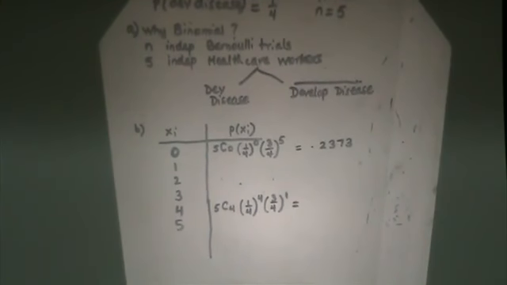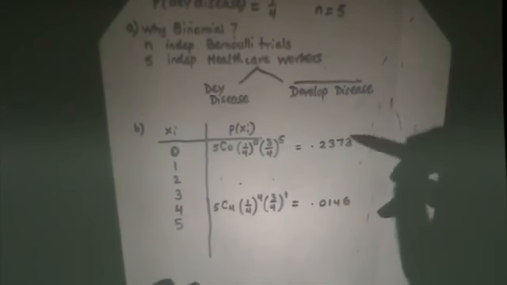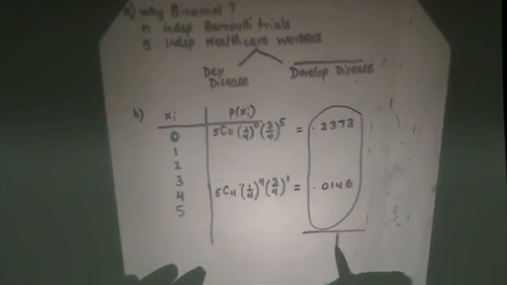So if I did not want to do this by hand, I would hit second distribution, binomial PDF of n, which is 5, p, which is 1/4, 0.25, comma r, which is 4. And I get 0.0146. All of these probabilities need to add up to 1. Do you get that?